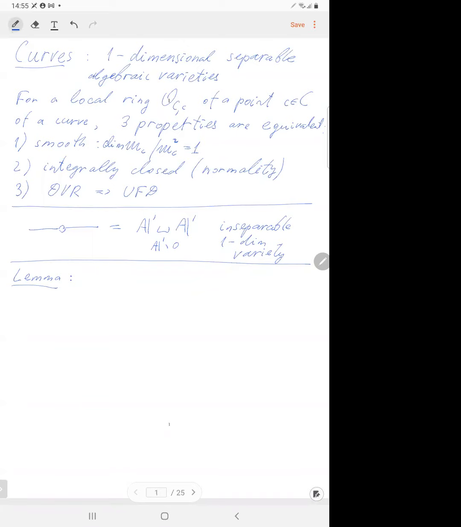So we have a variety X, U an open subset.